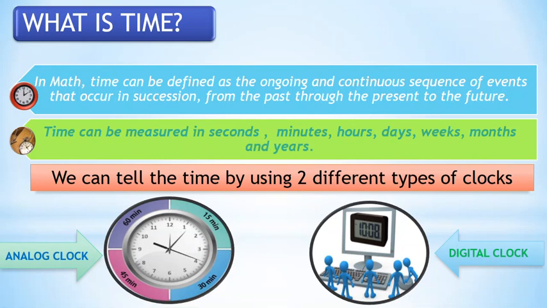This kind of clock is called analog clock. It also has minutes, hours, and seconds needle. Another clock on the right hand side at the bottom is called a digital clock. It shows time using 4 digits.